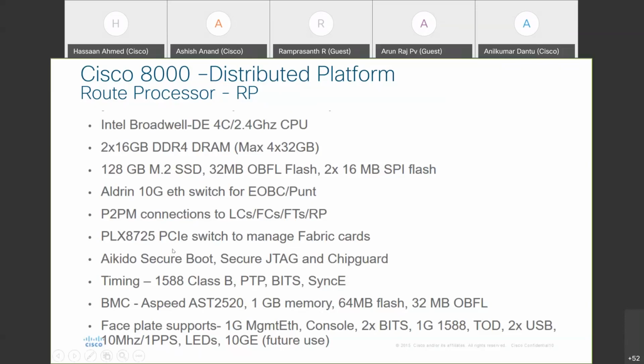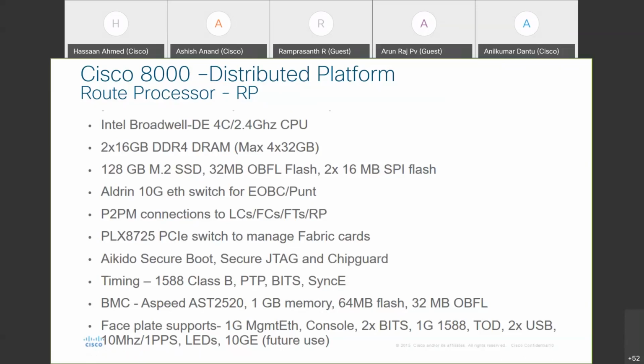Apart from that, you have PCI connections from the RP to the fabric card. One important difference to note in a Cisco 8000 series router: on the fabric card, there is no processor. It uses the CPU of the RP for the processing function. The fabric card only has NPU. There is no CPU on the fabric card.